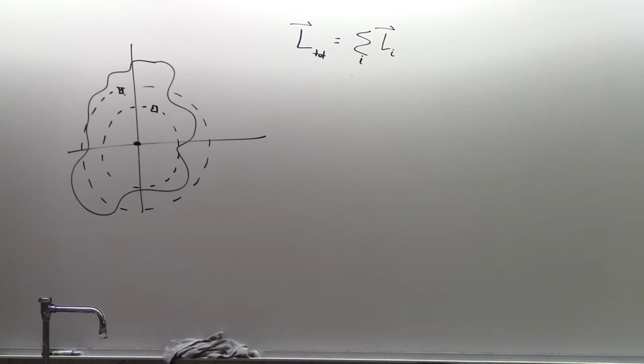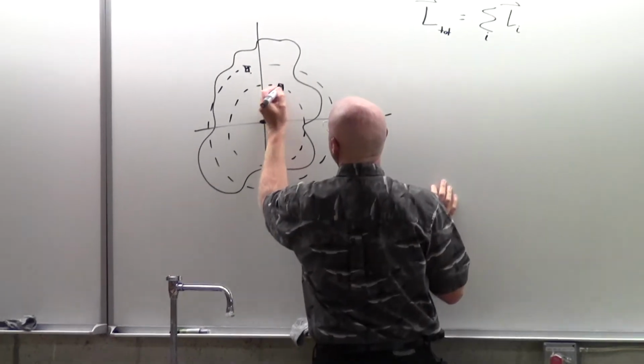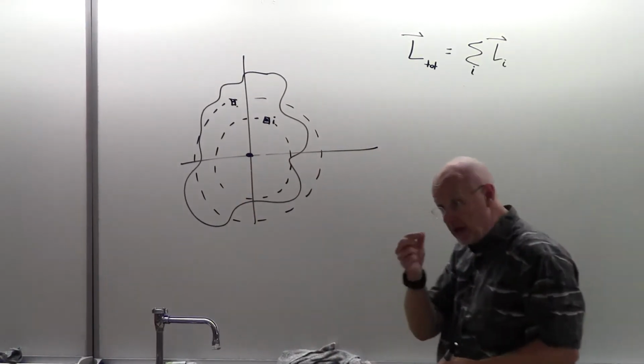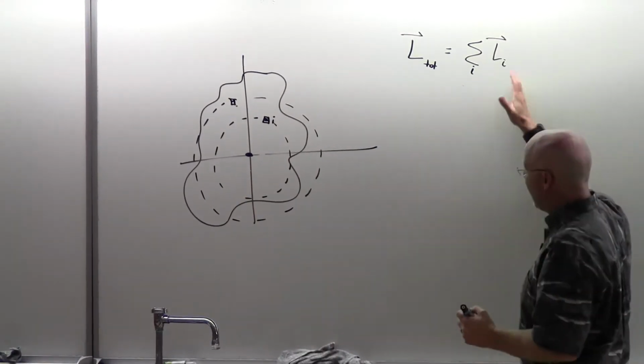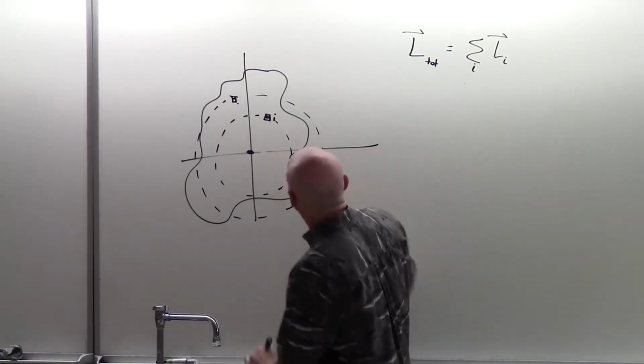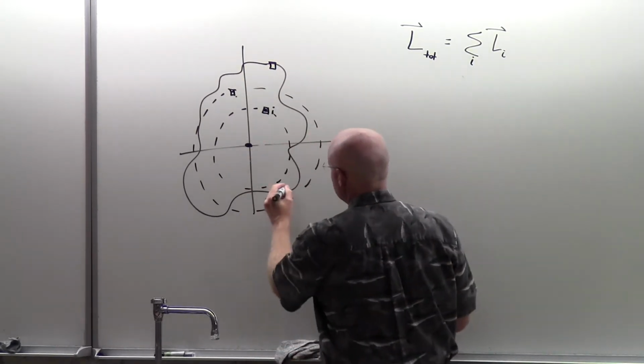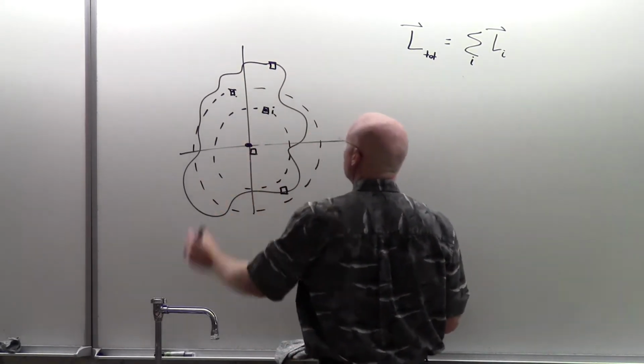We said, look, let's break this thing into a bunch of little pieces and add them together. And so if I call this little chunk right here the ith piece, then I am saying add up all the little pieces. And clearly some of those pieces are way out here, and some of the pieces are in close, like that one.